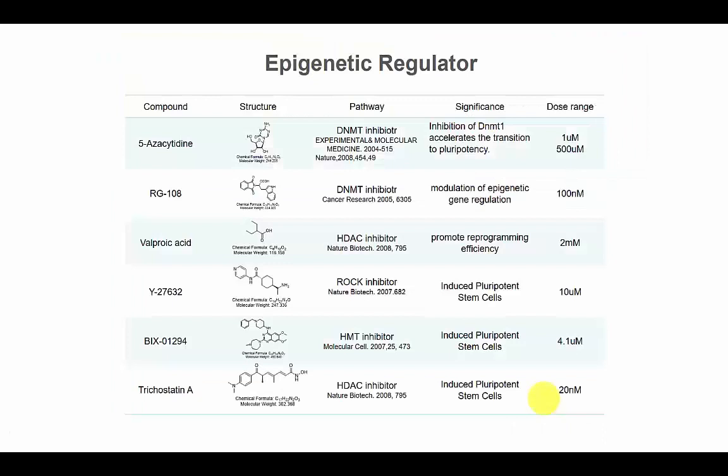And many of those small molecules, interestingly, are epigenetic regulators. If you see this table, you can easily see DNA methyltransferase inhibitors, HDAC inhibitors, or HMT inhibitors. They change the DNA methylation pattern or histone modification patterns. If you think about the development pathways, it makes sense.